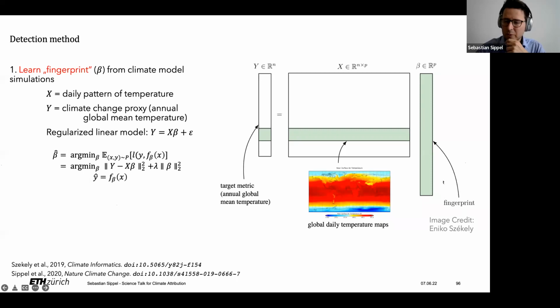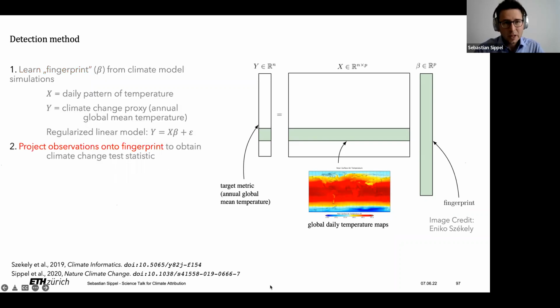So we were seeking a fingerprint only across the climate models, without seeing the observations, to predict the forced response. We used a regularized linear model, and the regularization is just a way to reduce the dimensionality. It's also used in optimal fingerprinting to get a good estimate of the covariance matrix, so that's another way it relates closely to traditional fingerprinting.